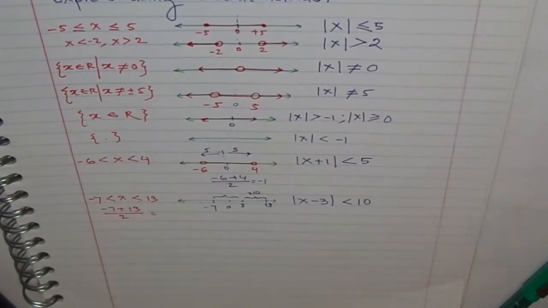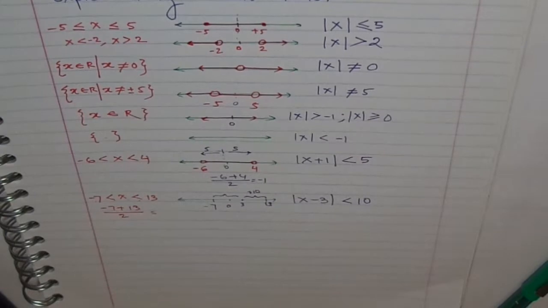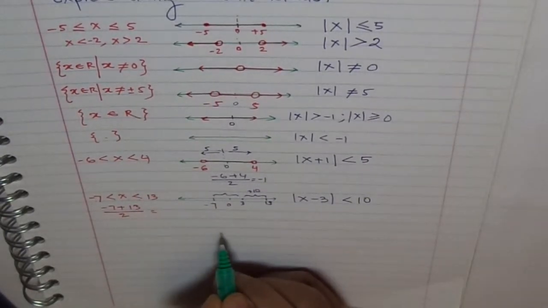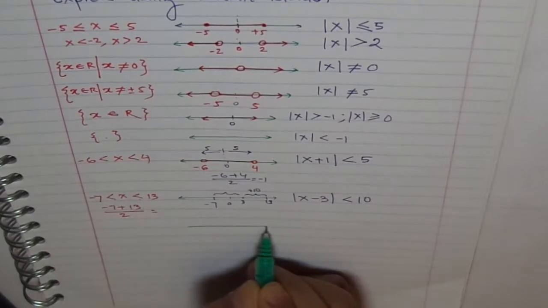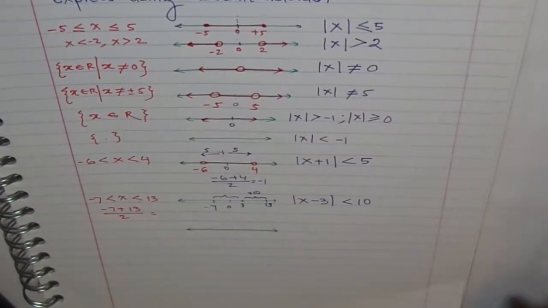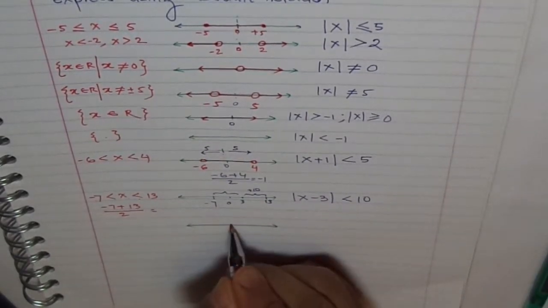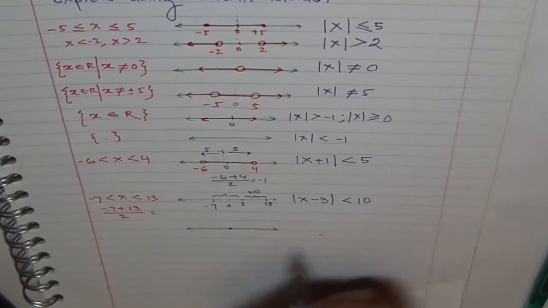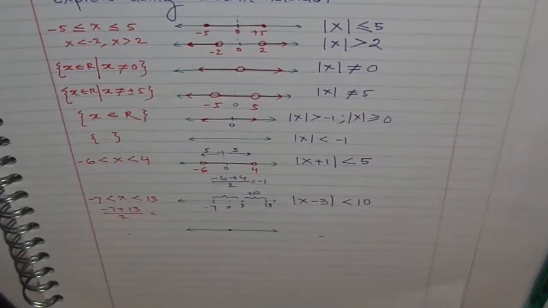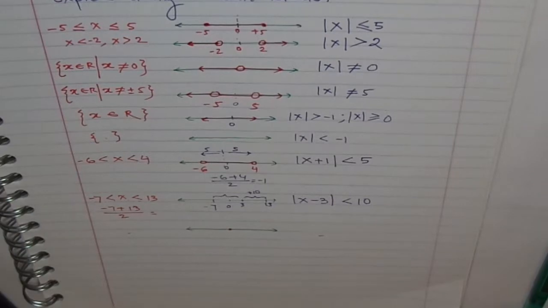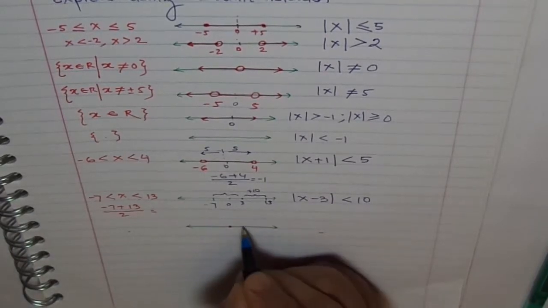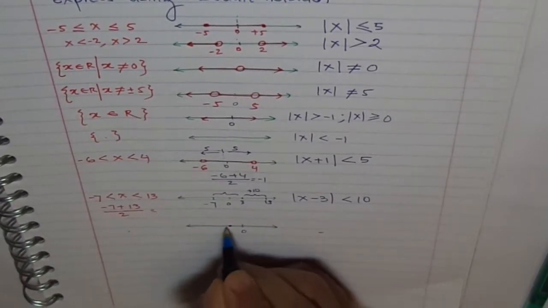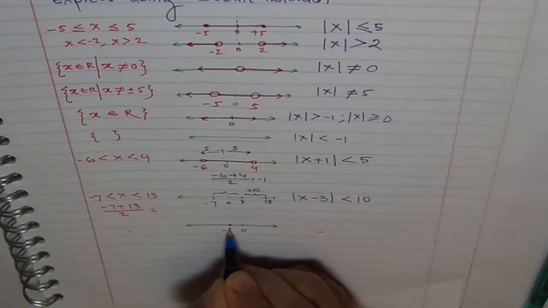So here are some more questions for you to try. Let's say we have a number line, and I want you to write both the absolute function notation and the inequality for this point, which is at minus 3.